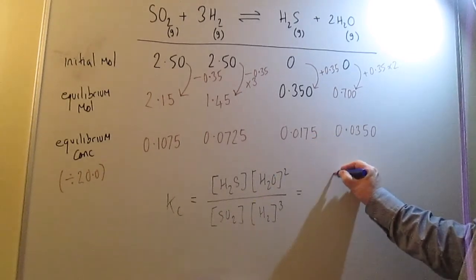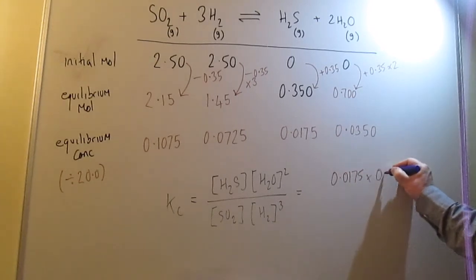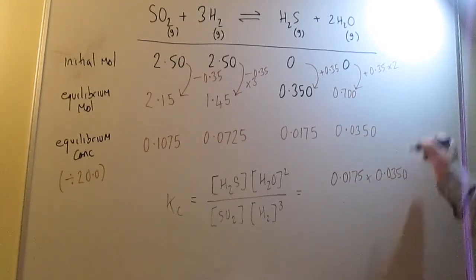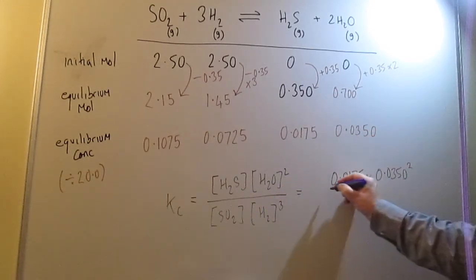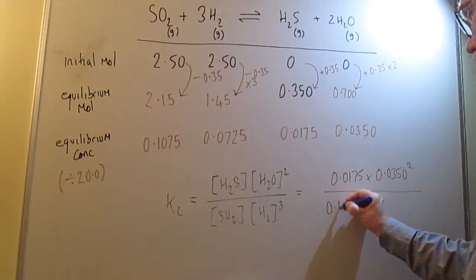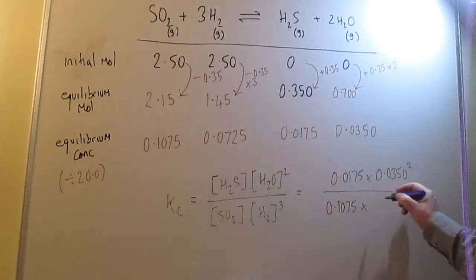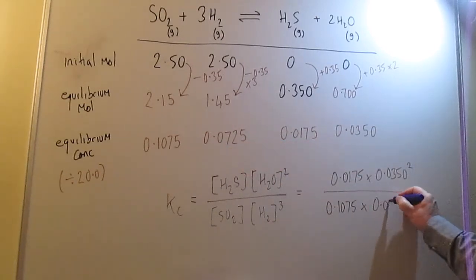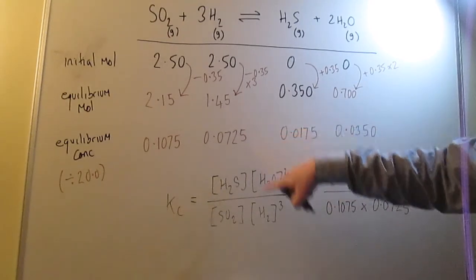So we've got 0.0175 times 0.0350, but it's H2O squared, so that number is going to have to be squared, divided by 0.1075 times 0.0725, and that one is going to have to be cubed, as you can see.